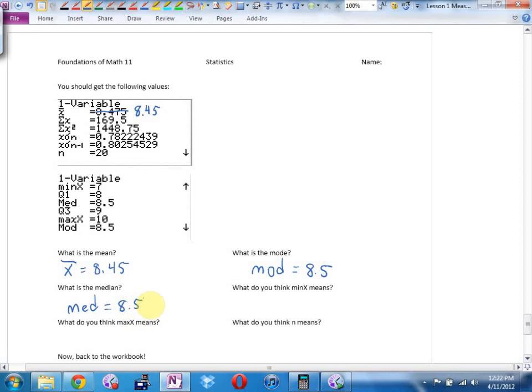All right, let's take a guess here. Let's use our brains. It says min x is 7. What do you think min x means? Huh? The smallest data point. And Alyssa, what do you think max x, which is 10 in this case, means?